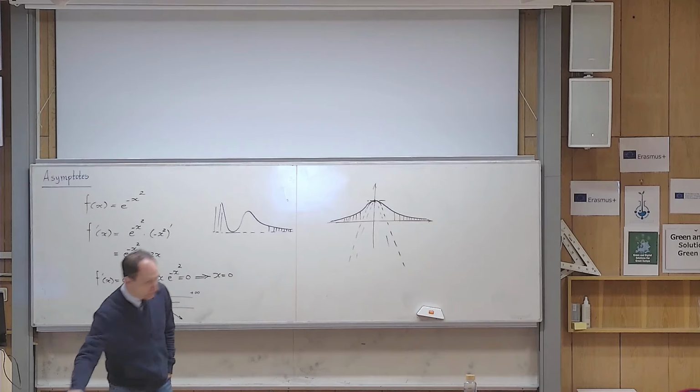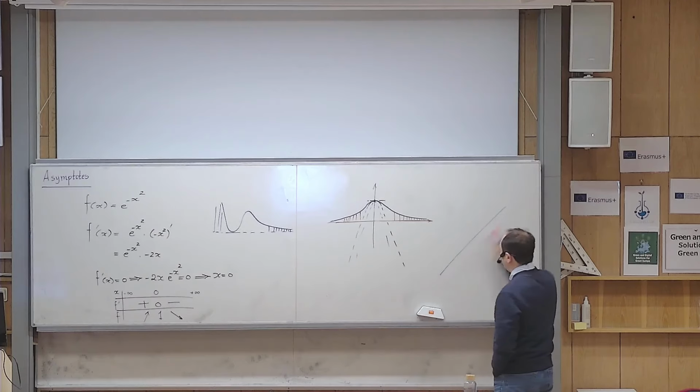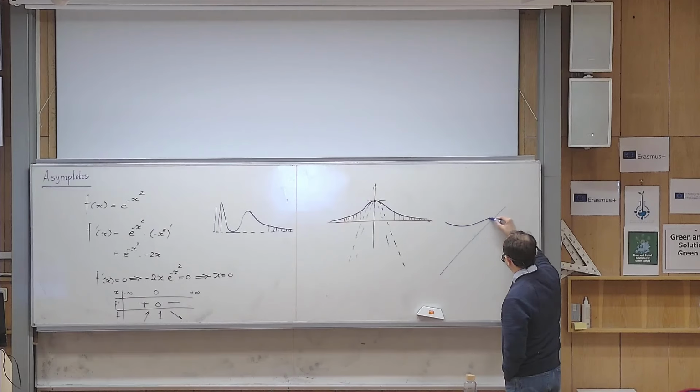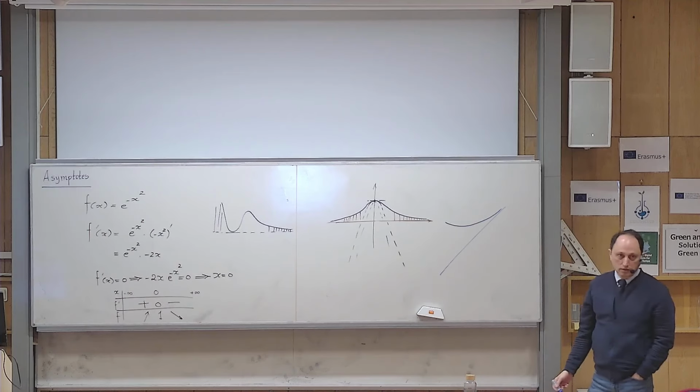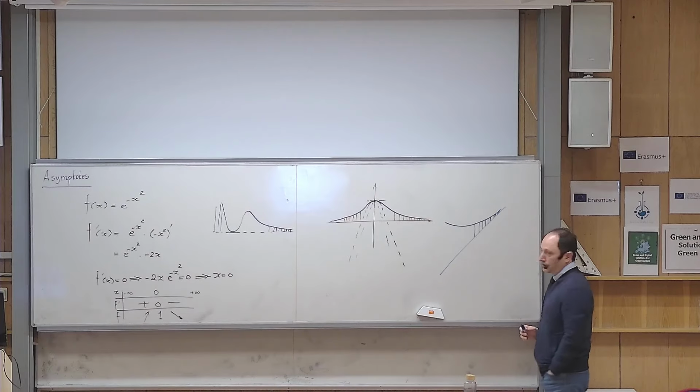For example, if I draw an oblique line, and I draw this graph like this, I want you to feel that is also asymptotic behavior, because the deviation between the curve and the straight line is becoming negligible when I go to the far right.